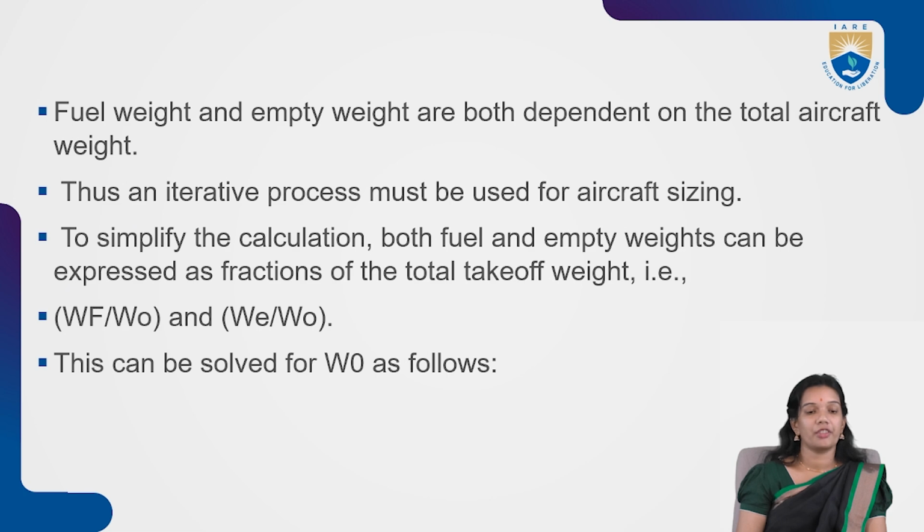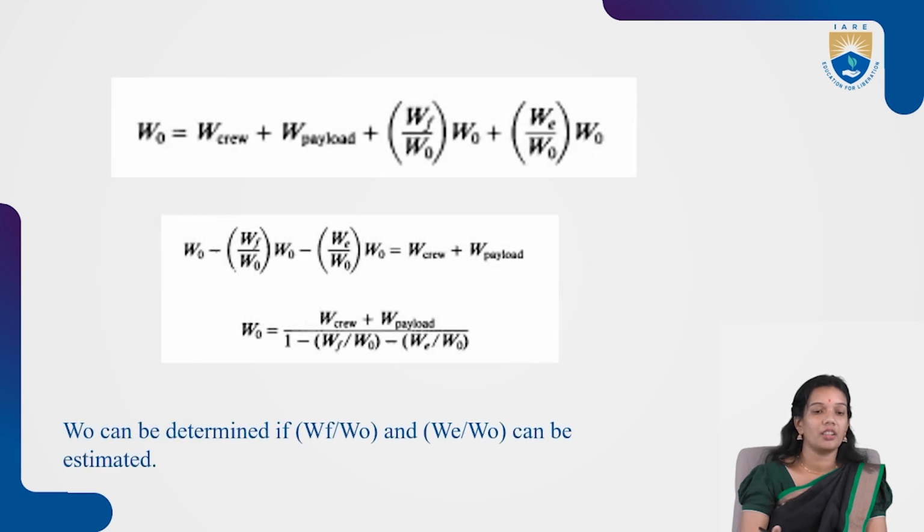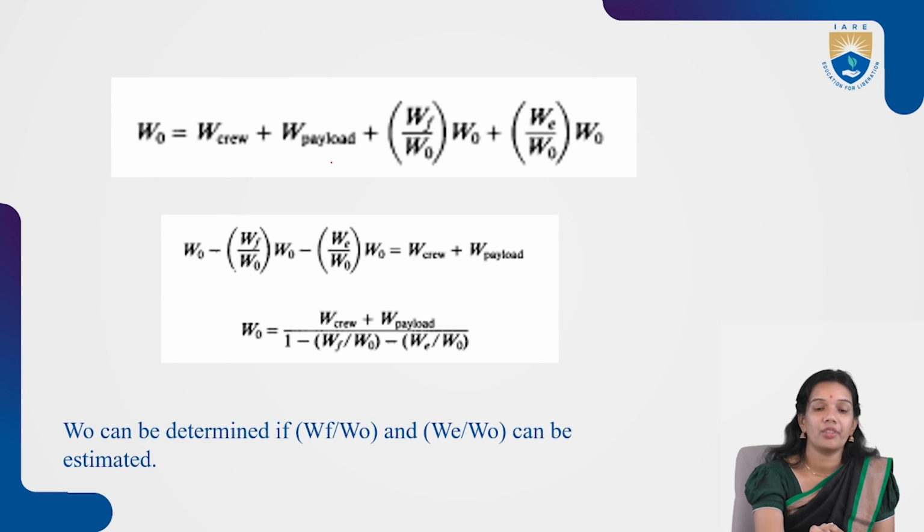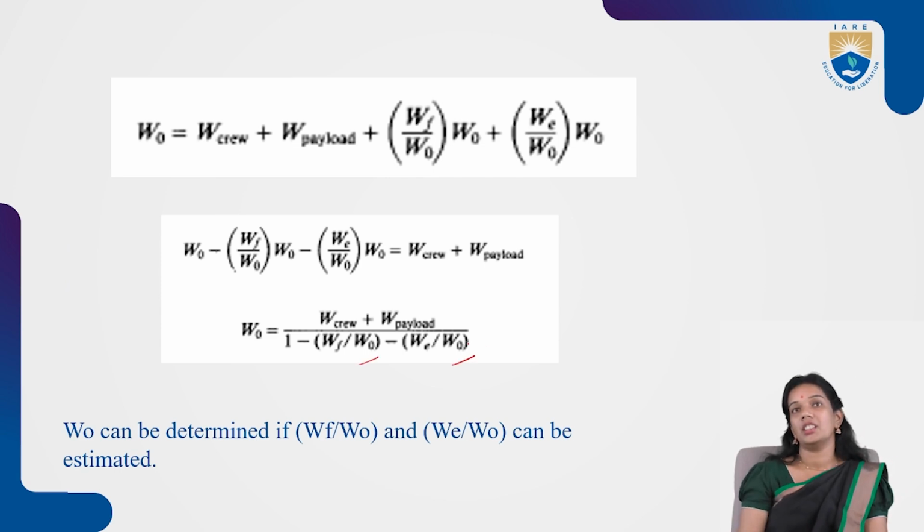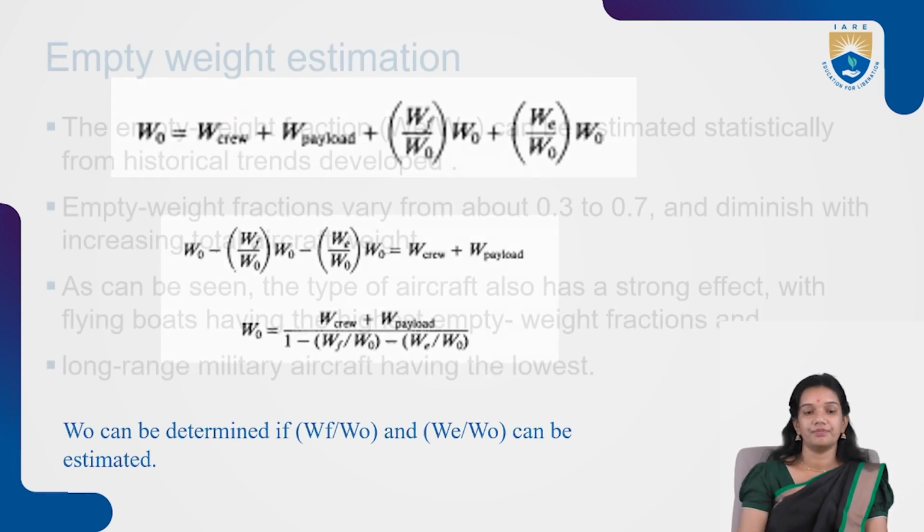So if we write in that fashion, then my W naught is going to be W crew plus W payload plus WF by W naught into W naught, plus WE by W naught into W naught. So I can rewrite my gross weight as W naught is equal to W crew plus W payload, divided by 1 minus WF by W naught minus WE by W naught. Now it is easy for me to estimate my fuel fractions and empty weight fractions.